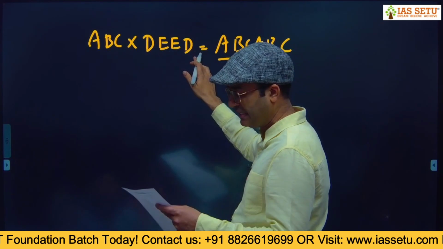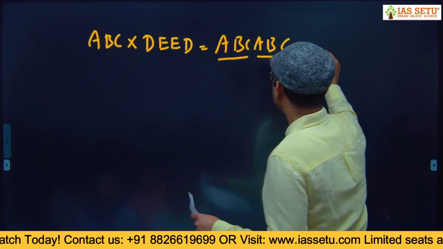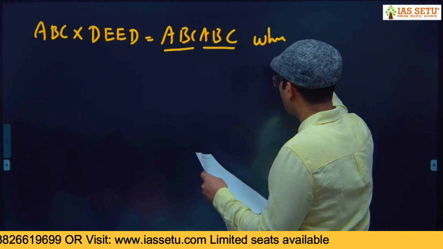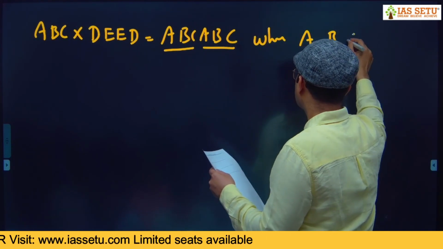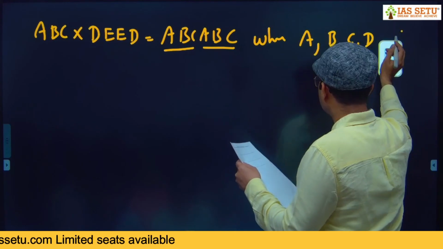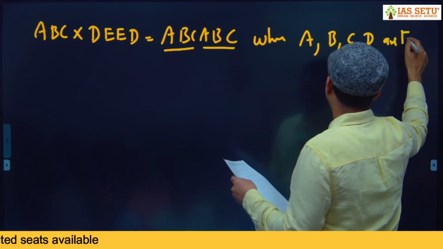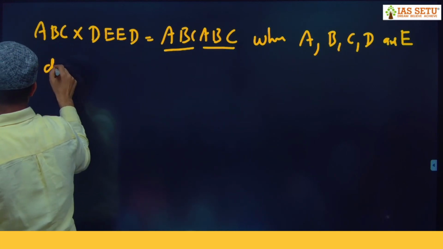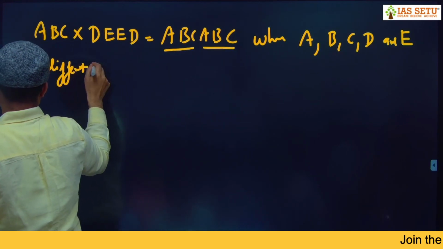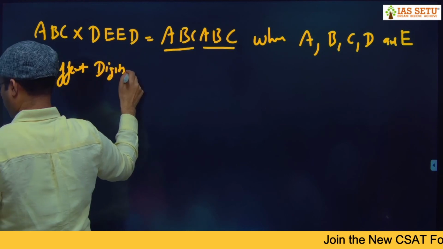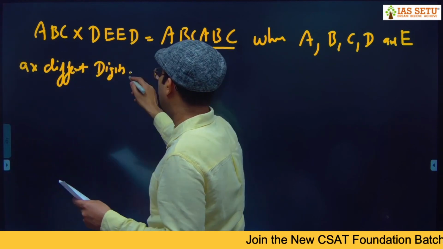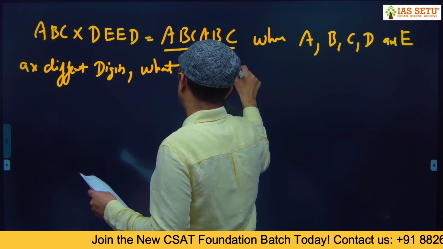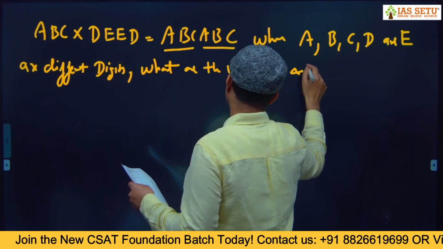ABC into DEED, where A, B, C, D and E are different digits. What are the values of D and E?